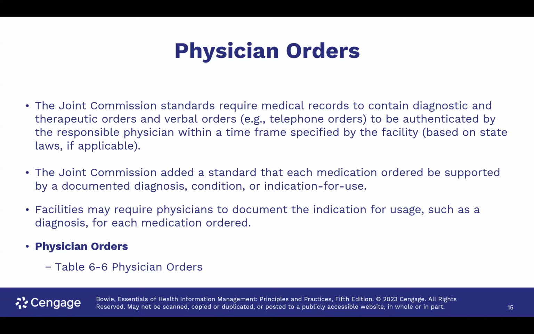We don't just give medications to give them. We have to have a reason, especially in the case of opioids. So that is a Joint Commission standard. Each and every medication ordered has to be supported by either a diagnosis, a condition, or some other indication. And you can see more about physician orders in Table 6-6.